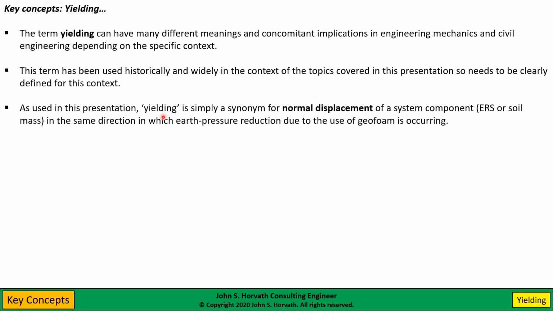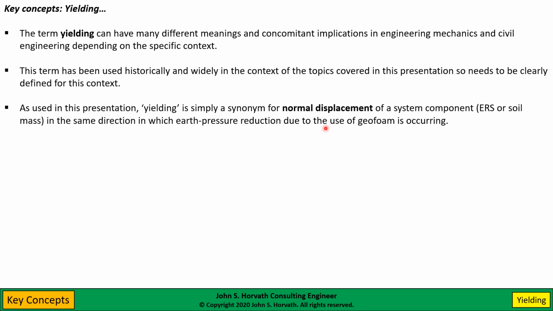In this presentation, yielding is simply a synonym for normal displacement. This is a displacement of a system component. It could be the earth retaining structure. It could be the soil mass adjacent to that structure. And it's the displacement in the same direction in which earth pressure reduction is occurring.